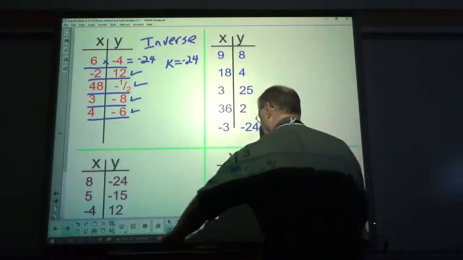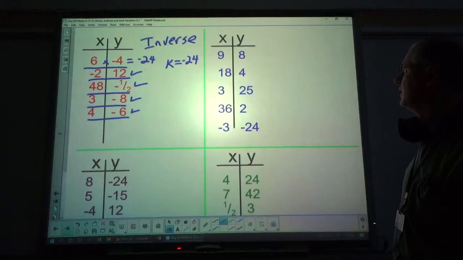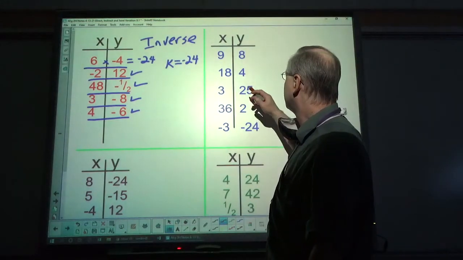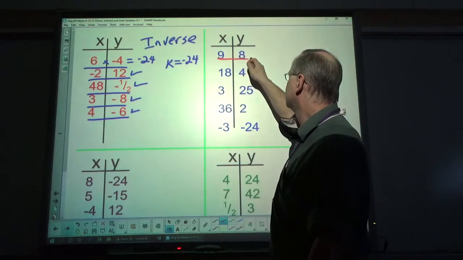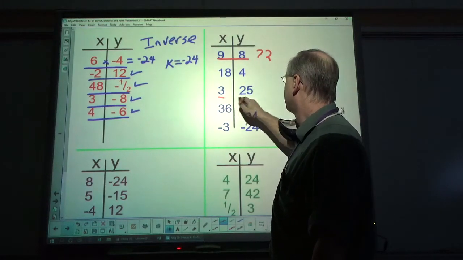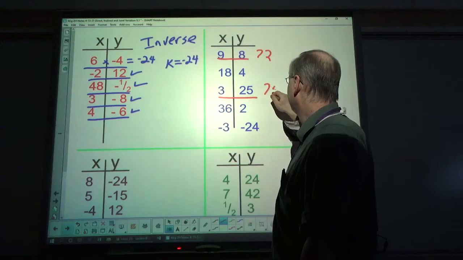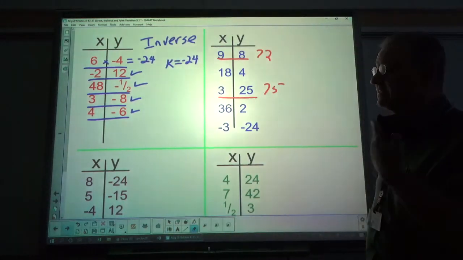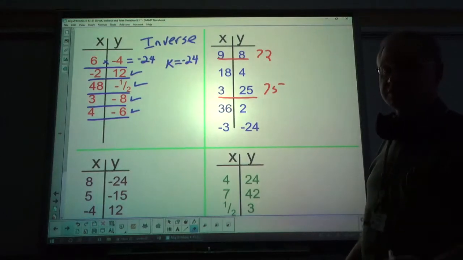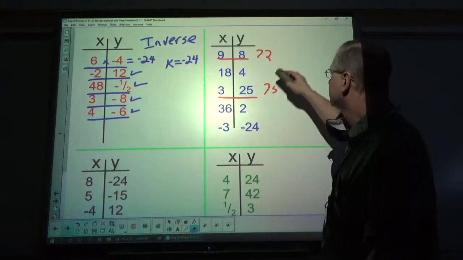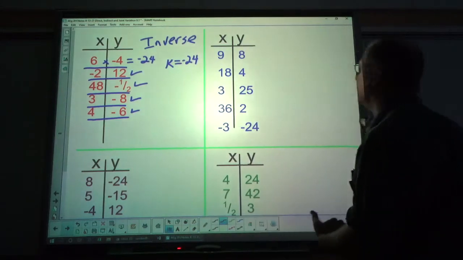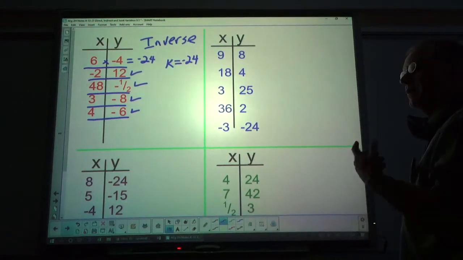All right, let's go over to this next one. If we multiply, does that give us the same value? 9 times 8 is 72. 3 times 25 is 75. Doesn't work, right? So that's definitely not inverse. It has to be every single pair for it to be a particular type of variation. Now let's try something else.